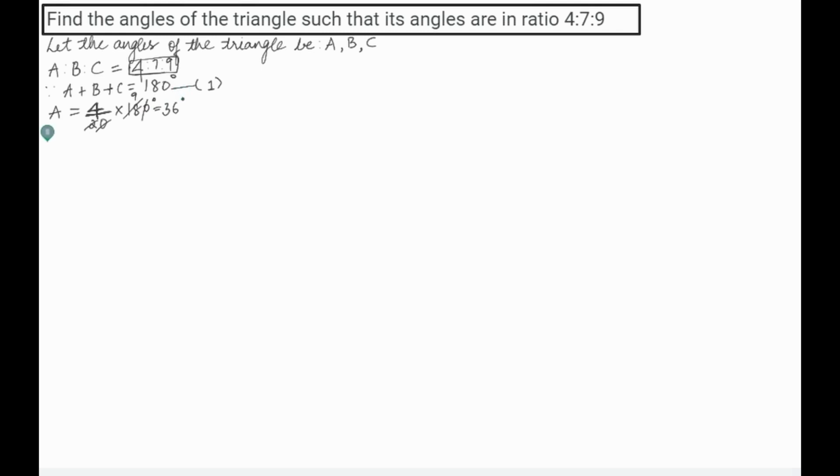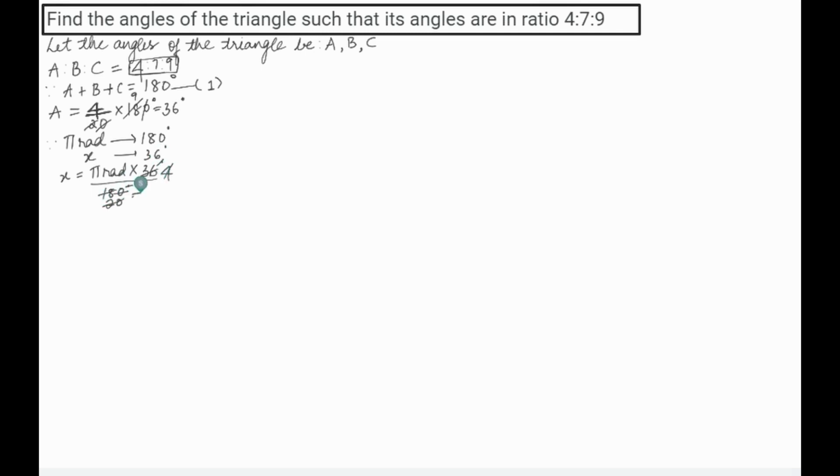In order to find it in radians, we know pi radians is equal to 180 degrees. So how much is 36 degrees in radians? Let this be x. When I cross multiply, we get pi radians times 36 degrees divided by 180 degrees. 9 into 4 is 36. 9 into 20 is 180. The degree units cancel out each other. 4 into 5 is 20.